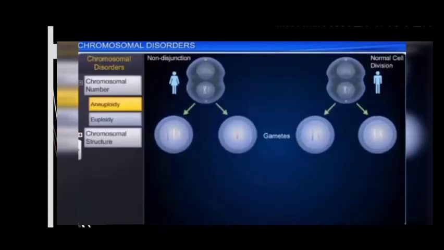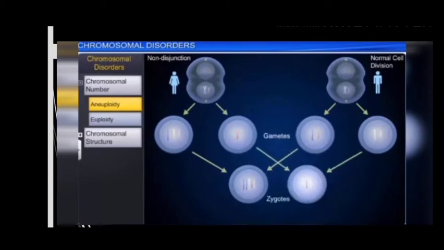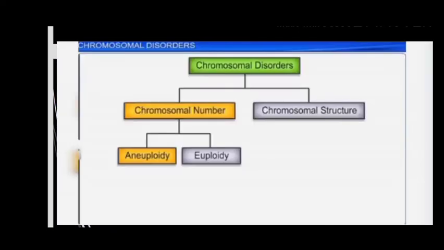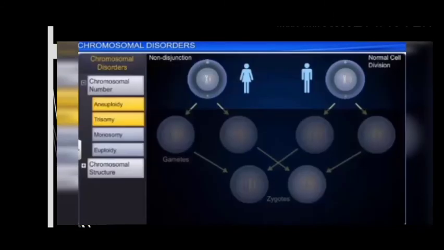Aneuploidy occurs when one or more chromosomes are either gained or lost. Aneuploidy is of two types, trisomy and monosomy. A normal diploid individual has 2n number of chromosomes.